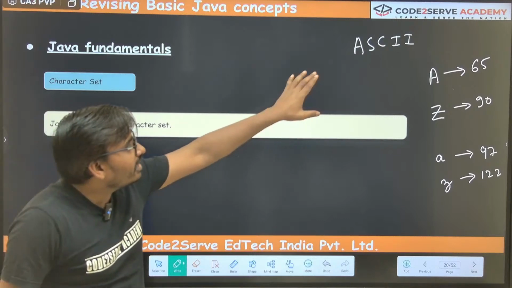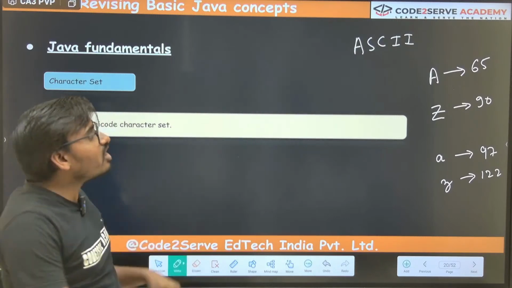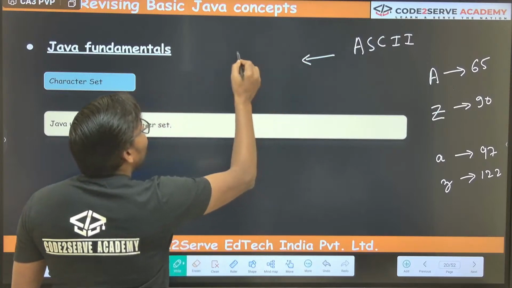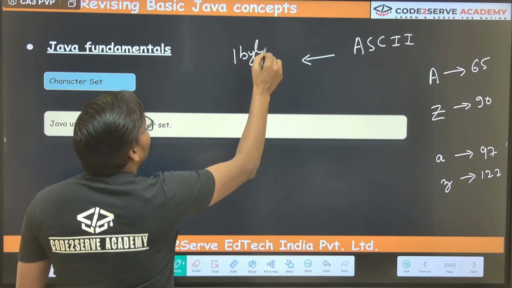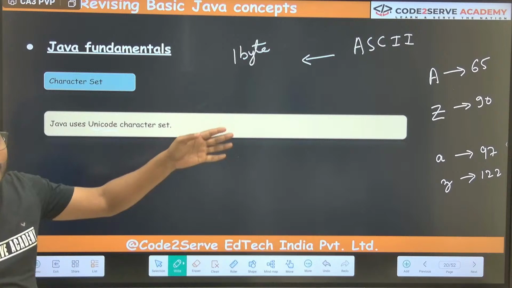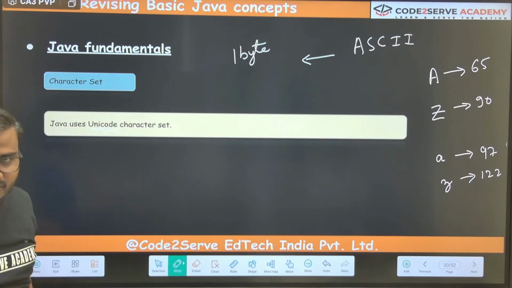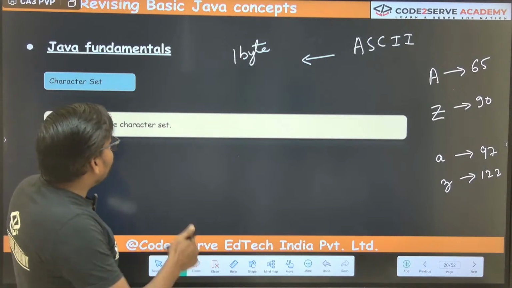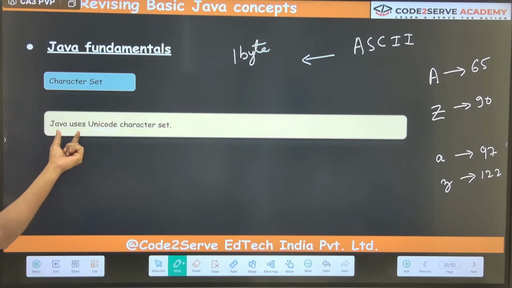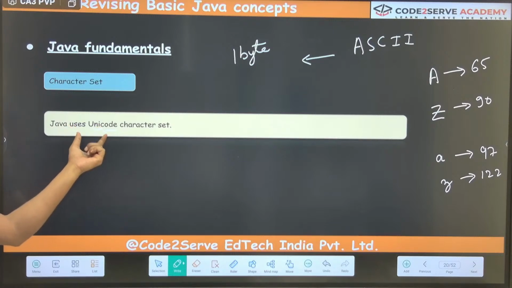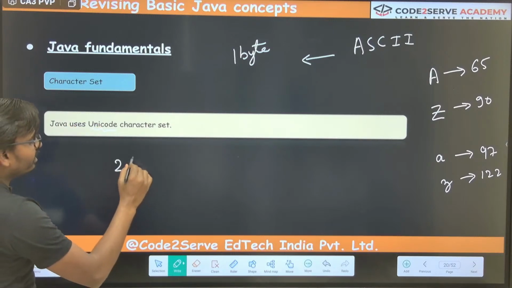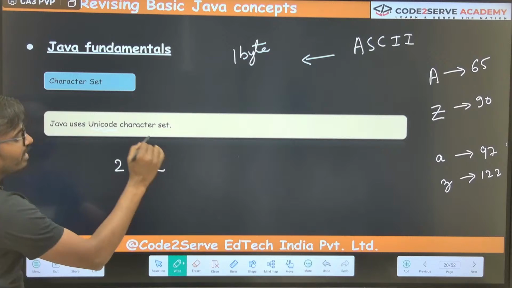In ASCII, each character is 1 byte. I'll talk about how many characters it can hold. Now, Java uses Unicode, which is 2 bytes.